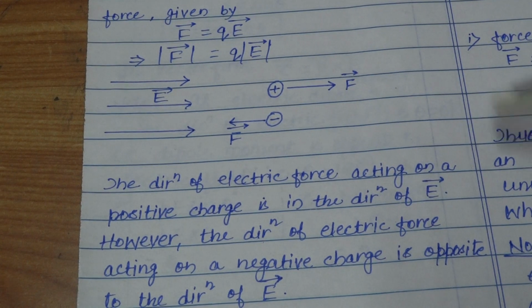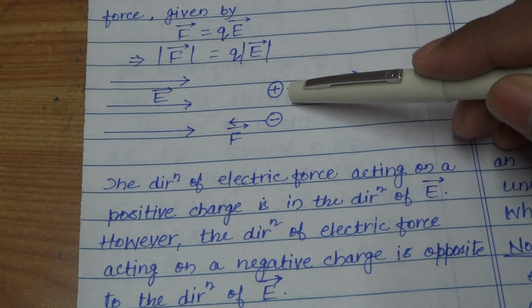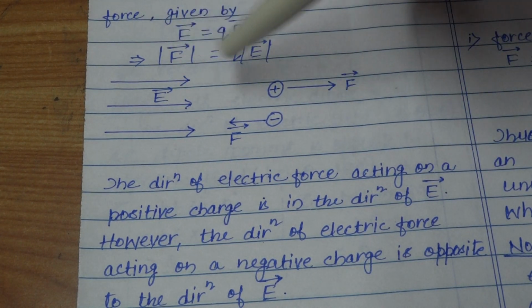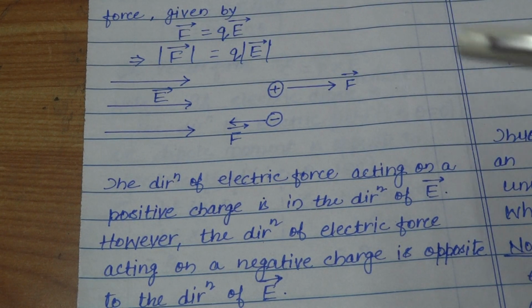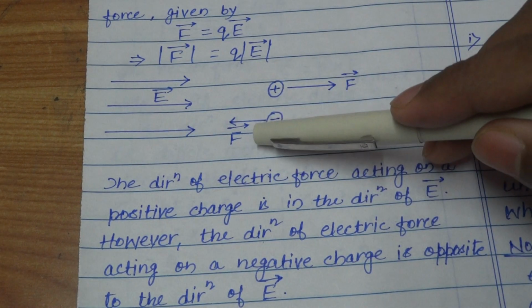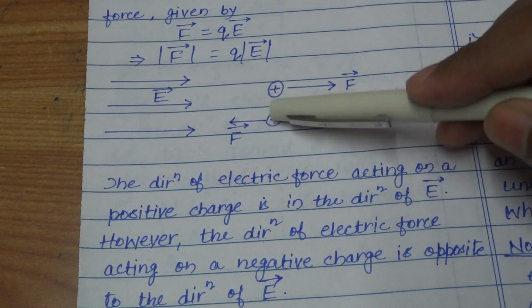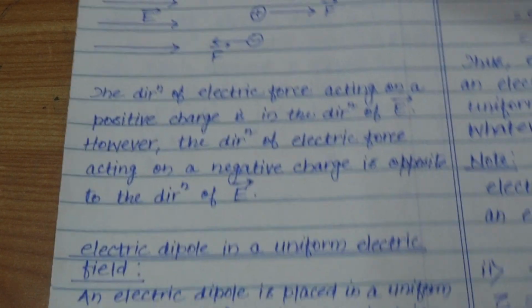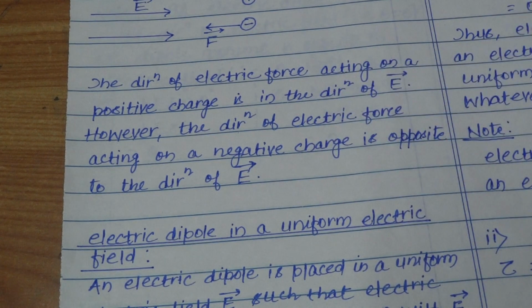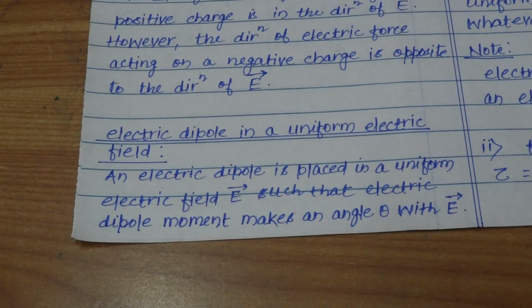So keep in mind that in case of a positive charge, electric force and electric field are both in the same direction, while in case of a negative charge, electric field and electric force are in opposite directions. This is simply the direction which we have discussed now.